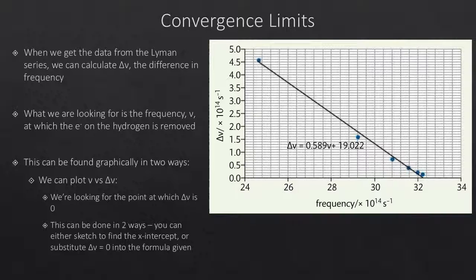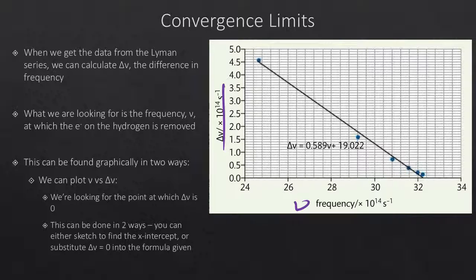We have frequency, which is that new character, versus the difference in nu. So we're looking for the point at which our change, remember those energy levels get closer and closer together, equals 0. There are no more energy levels to jump between, so that electron must have been removed.